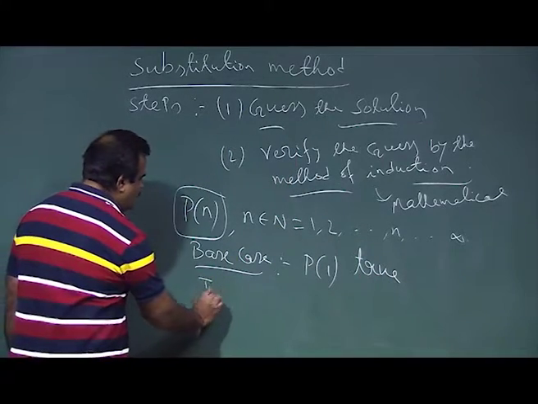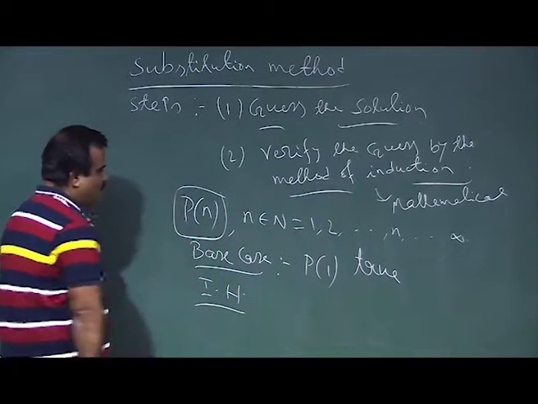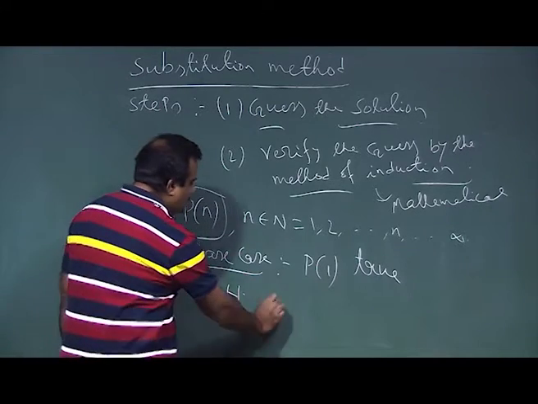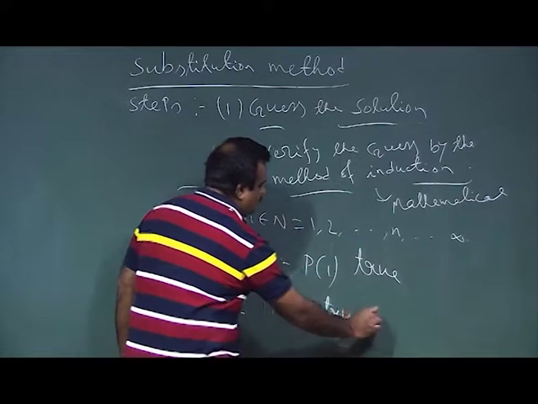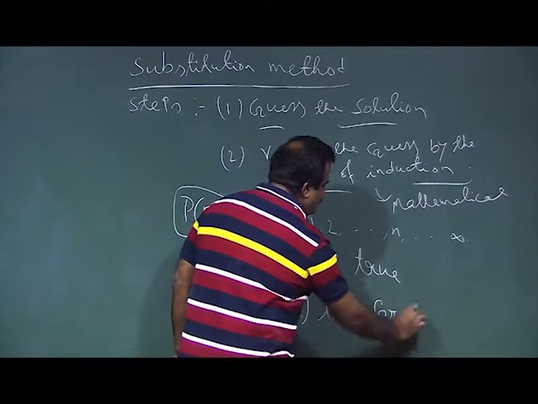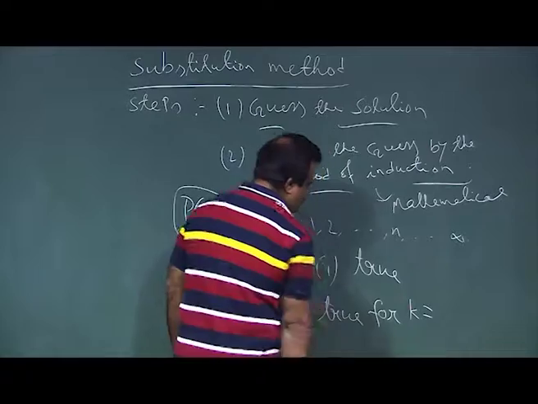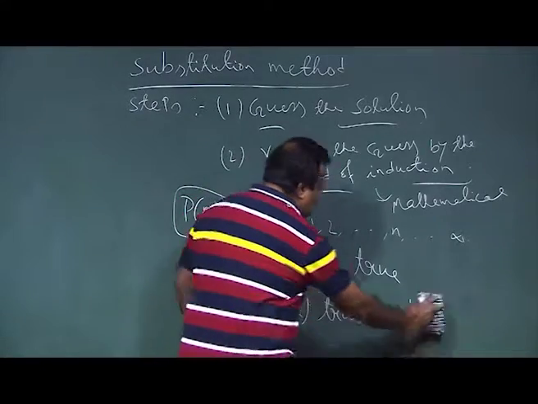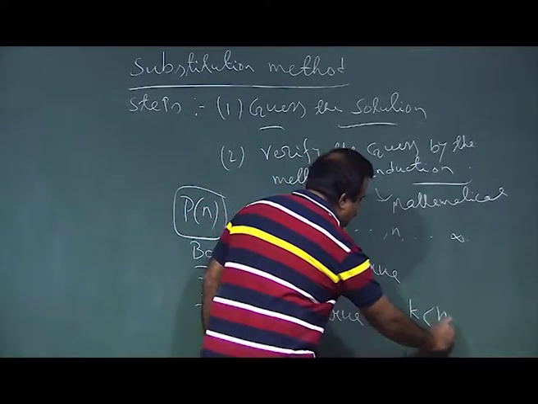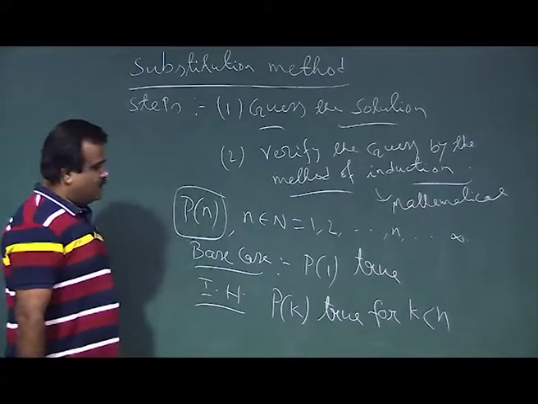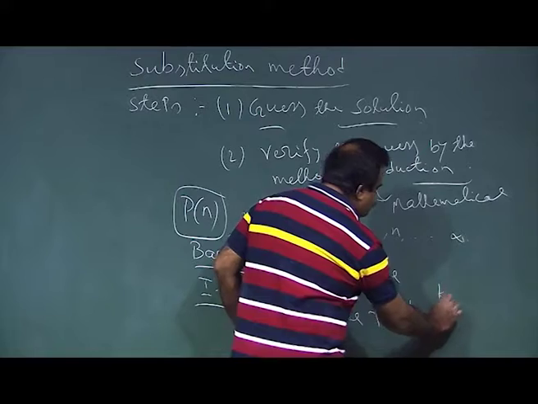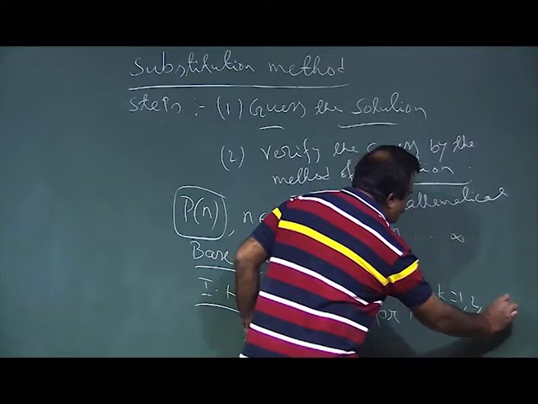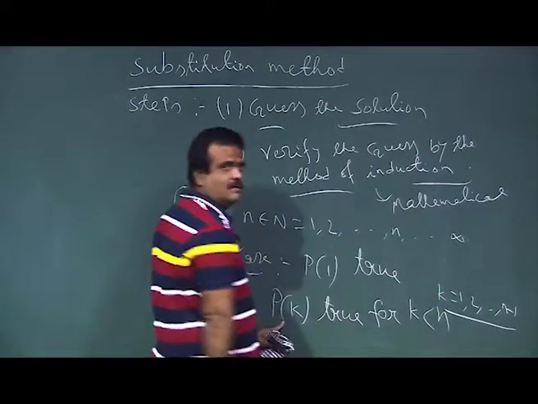Then we have the induction hypothesis step. We assume that P(k) is true for all k up to n minus 1, that means P(k) is true for k equal to 1 up to n minus 1.